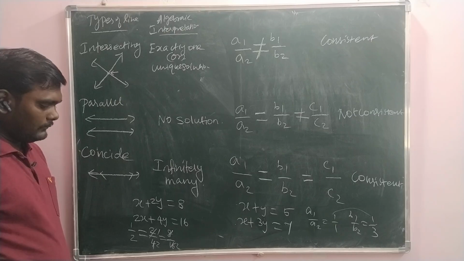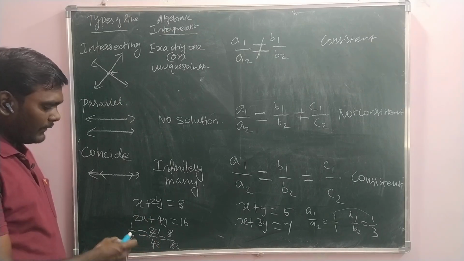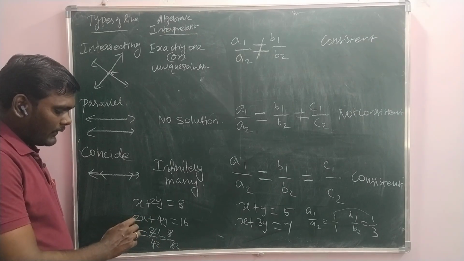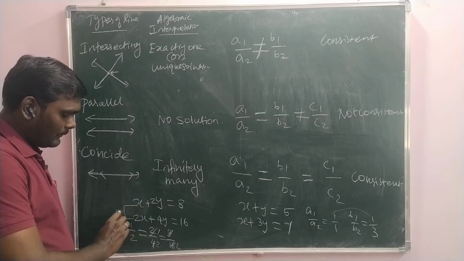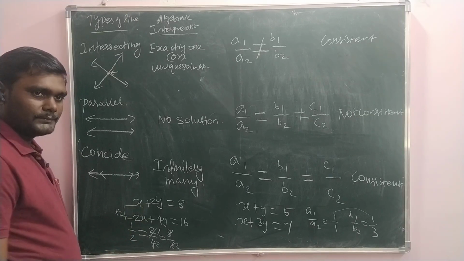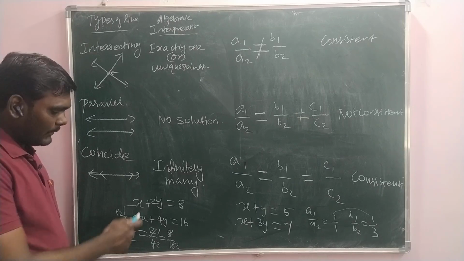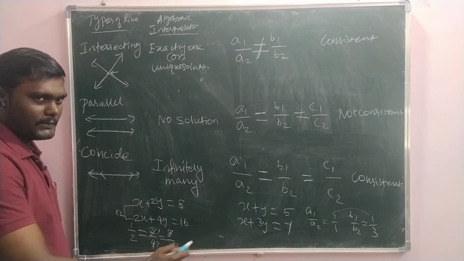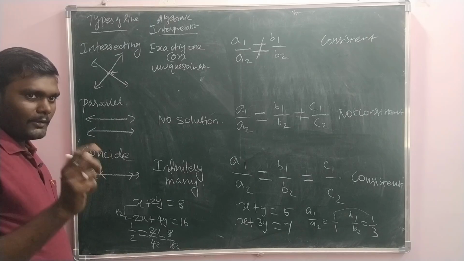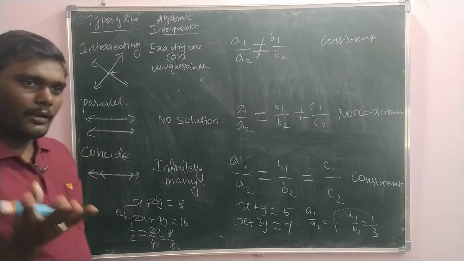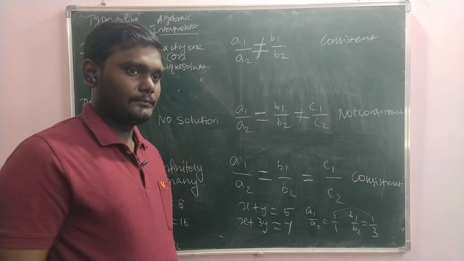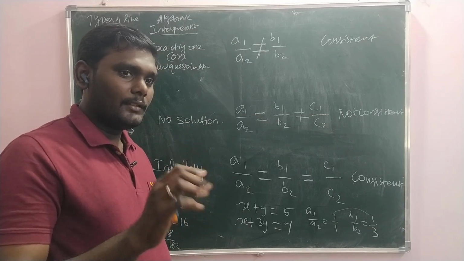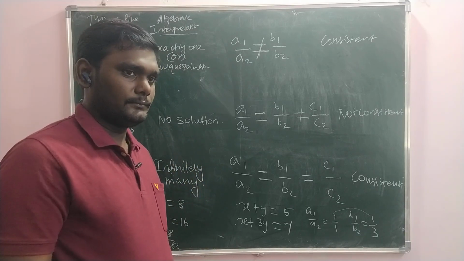So what can we imply from this? Shall we say this equation is a multiple of 2 of the first equation? When we multiply the first equation by 2, we get this equation. And that is a concept: when one is a constant multiple of another, we say they are dependent.